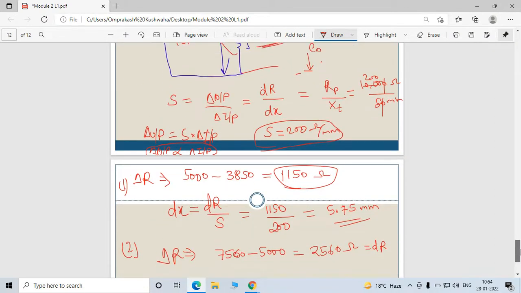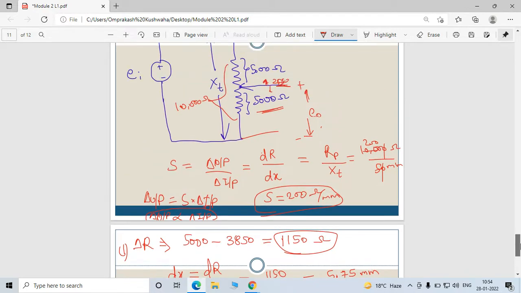Okay, so that is 1150 change. When you decrease from this side to this side, then your equivalent resistance is 3850.